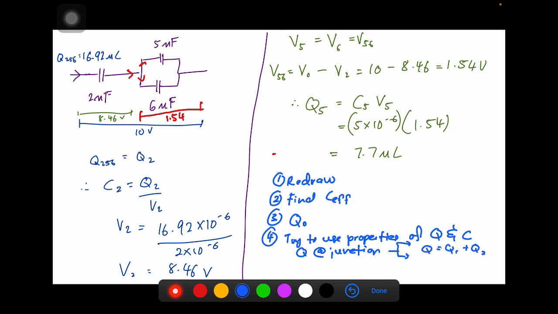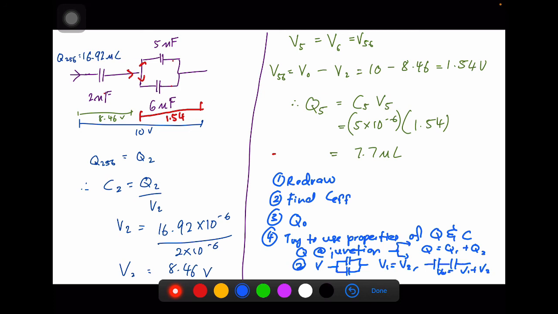This is just an example. As long as it doesn't meet any junction, the Q remains the same. That one is the key property. Another one is for voltage V: if parallel, V1 equals V2, and if in series, V1 plus V2.